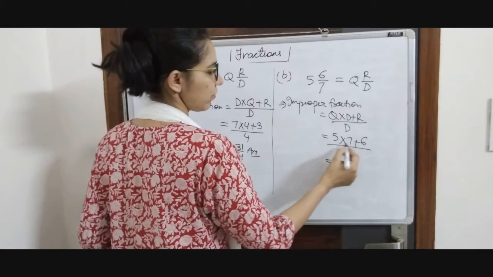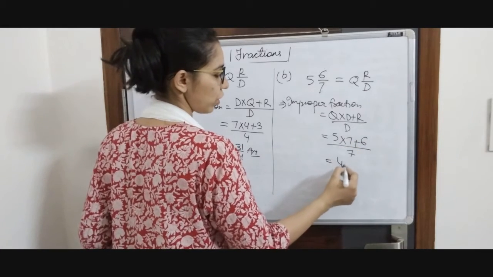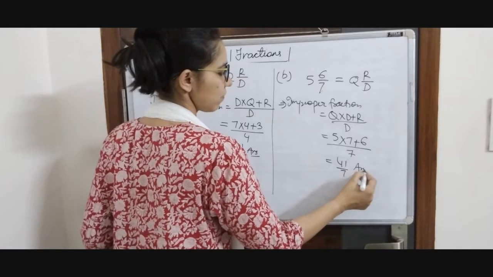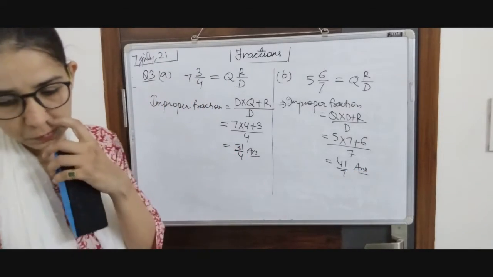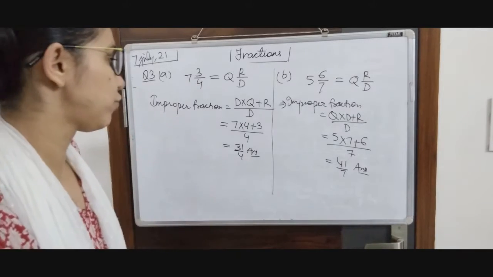So this is going to be 35, 35 plus 6 is going to be 41. 41 by 7, this is going to be your answer. So similarly you can do all the other parts, same method we have to apply.